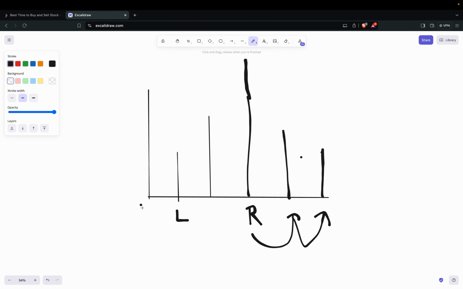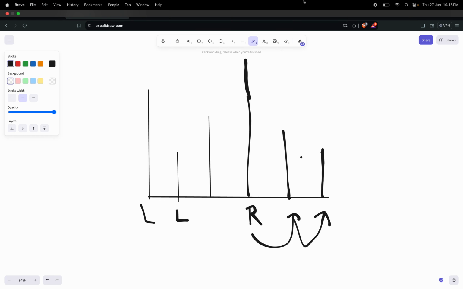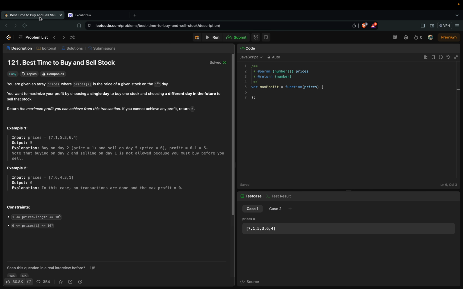But if in the initial case L was greater than R, it was a loss only. So how we are going to solve this is, let's jump on the coding part.